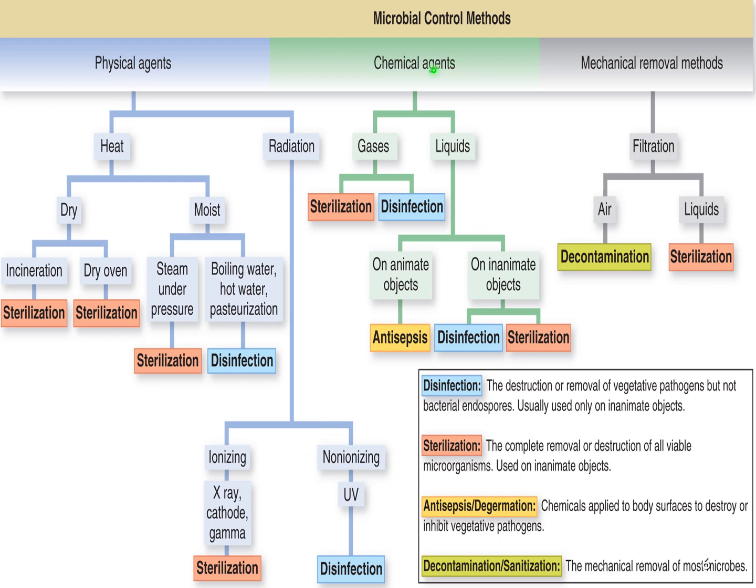In the chemical agents, we have gases and liquids. We could put solids in here, but most solid chemical agents that are antimicrobial will be dissolved in some sort of solvent, so it would actually be a liquid. And then mechanical removal methods, such as air or liquid filtration, is also going to be one of these methods of control.